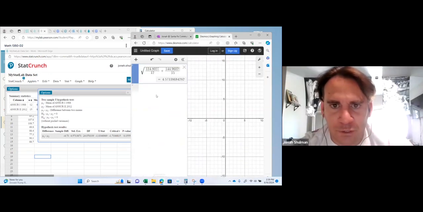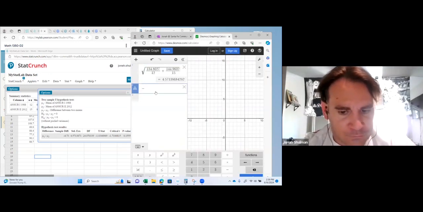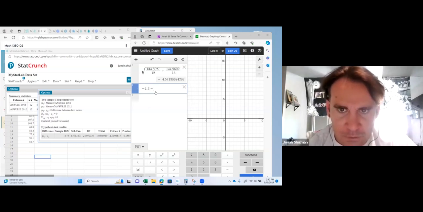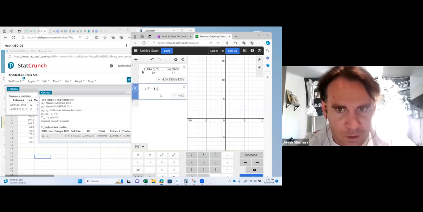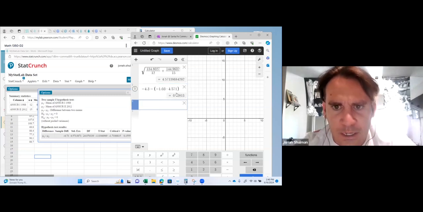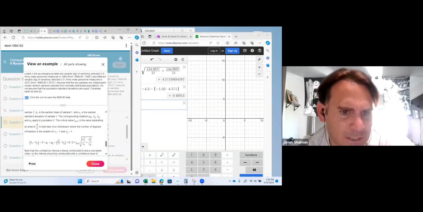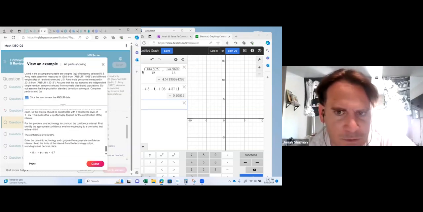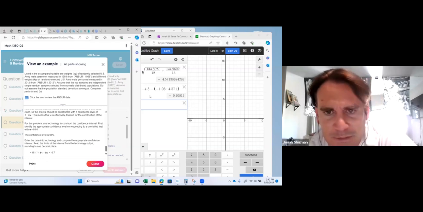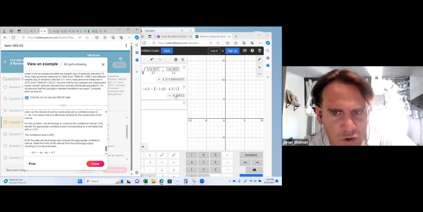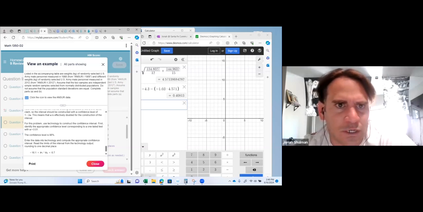It's negative 4.3 minus the t value, negative 1.03, times 4.571, and I get 0.408. That's not the answer, right? Because the answer should be negative 16. That's not what we have. We have 0.04, which is not the right answer. So what I'm going to do is try to make this clear.